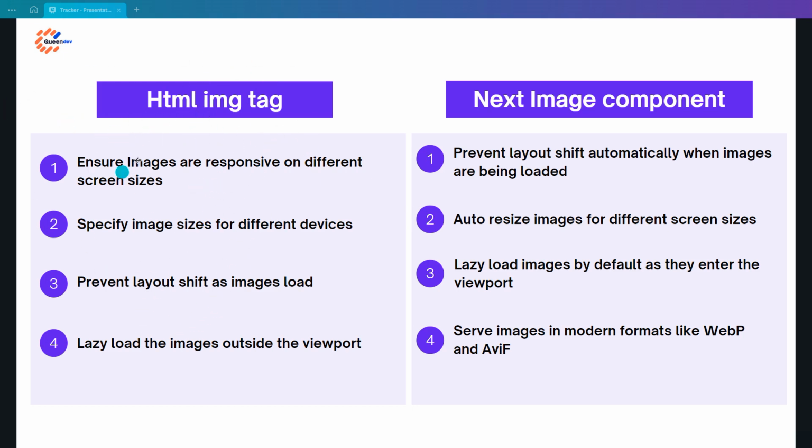We need to ensure that images are responsive on different screen sizes. How do we do this? We specify different heights and widths for different screen sizes and viewports. It takes a lot of work. We also need to specify the image size for different devices, and prevent layout shift as the images are being loaded.